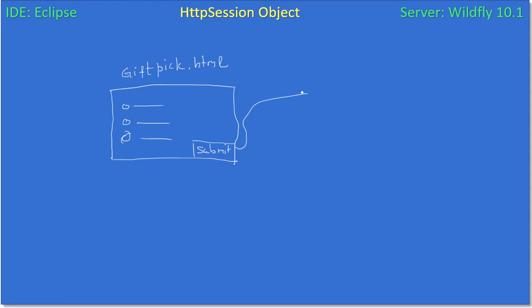Once they submit, the call is served by a servlet, the giftbox servlet. The giftbox servlet will create an HTTP session and store whatever the user selected. So if their gift is ABC, this will get stored.